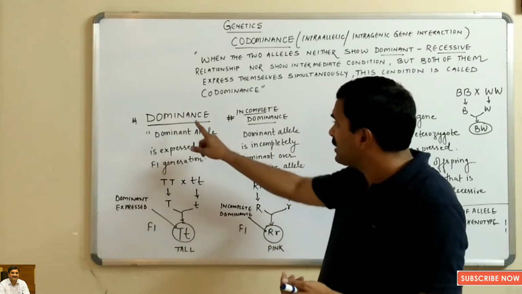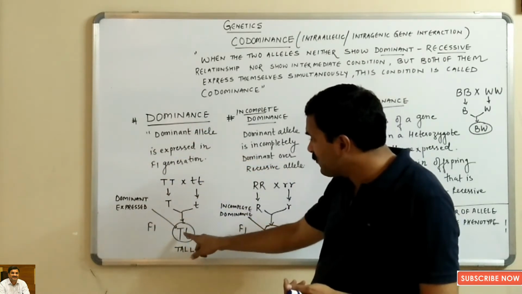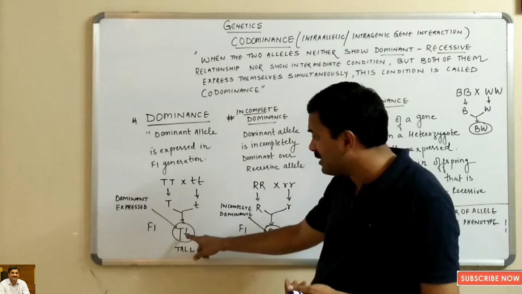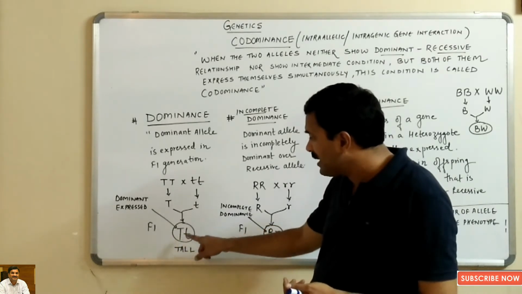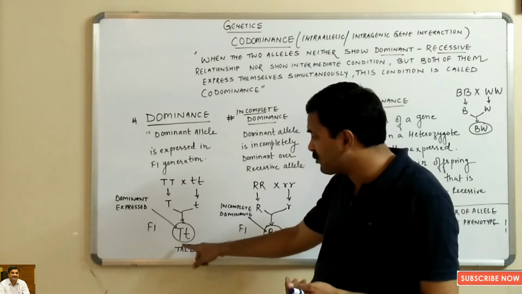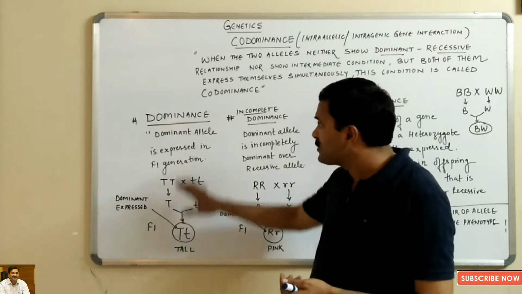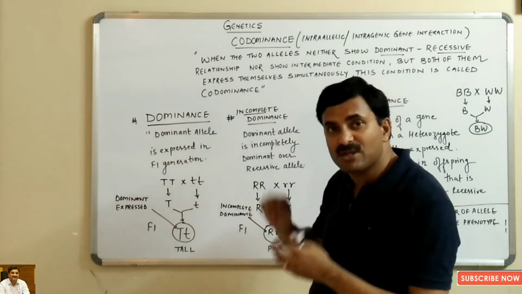What does it mean? In dominance, the dominant allele is fully expressed in the F1 generation, meaning capital T is fully dominant over small t, and that's why we get all organisms in the F1 progeny tall.